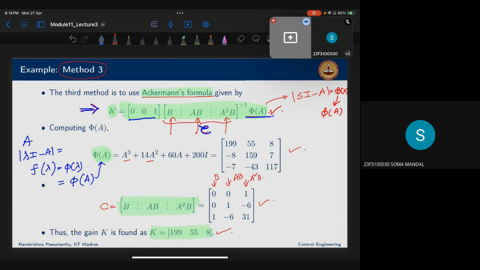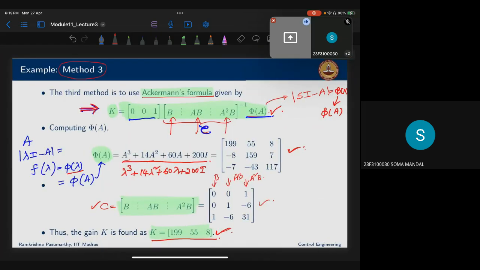So pi of lambda is lambda cube plus 14 lambda square plus 60 lambda plus 200. Replace lambda with A, that becomes pi of A, this matrix. Then you have the controllability matrix. Substitute everything into this equation, which will give you K, the same as the previous two methods: 199, 55, 8.